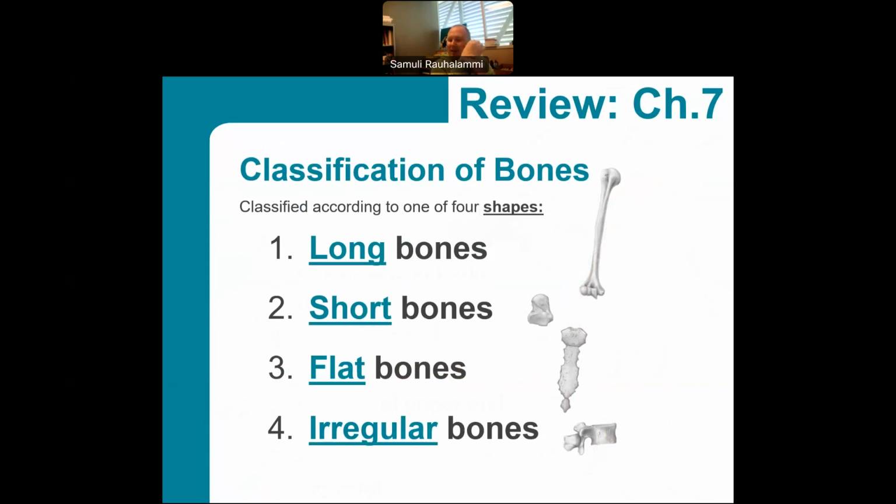Then we have flat bones. Your chest bone would be a good example, and the bones that form your skull are particularly good examples. And then irregular bones are a catch-all group for all other bones that don't fit into other categories. Our vertebrae are particularly good examples of those.